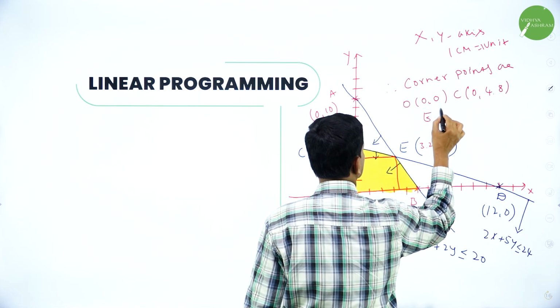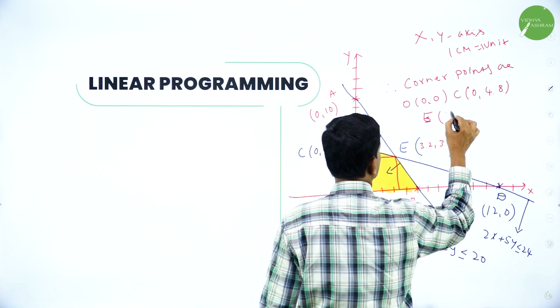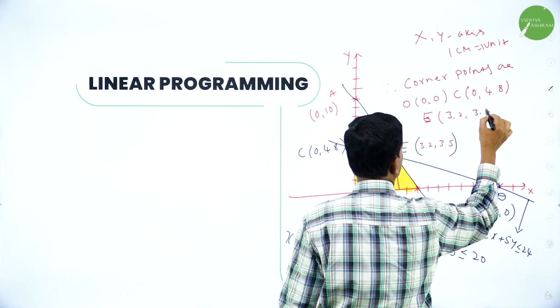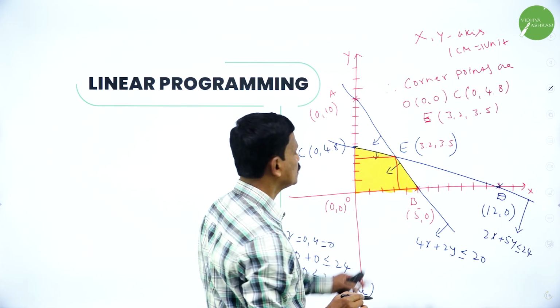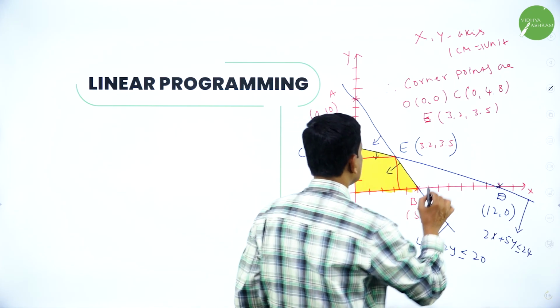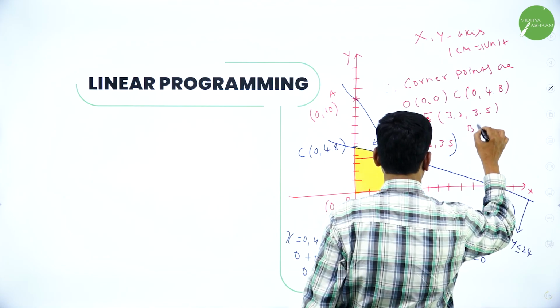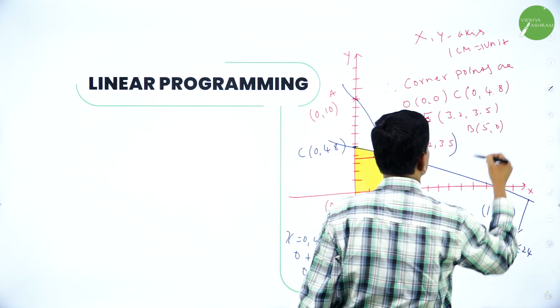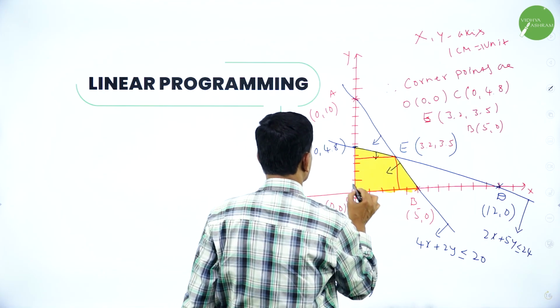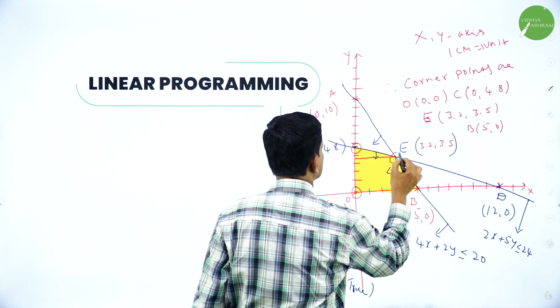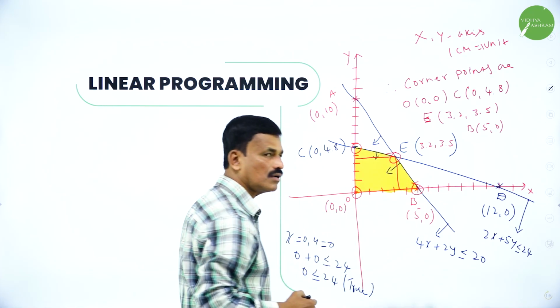Then E, what is E? (3.2, 3.5), and B, that B is equal to (5, 0). So O, C, E and B are the corner points.